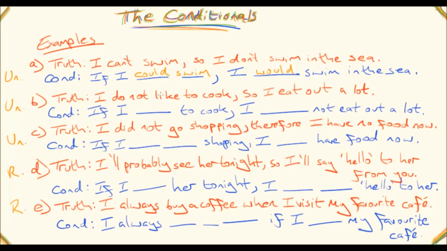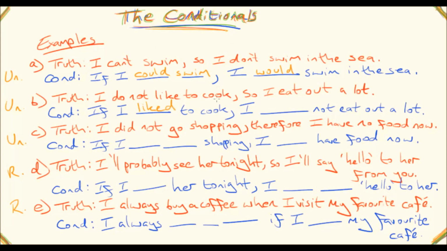The second one, I do not like to cook, so I eat out a lot. However, if I, now what tense is this? Do not like. So it's negative, present, simple. So we'll just make it positive, past simple. That's what it backshifts to. If I liked, you could also say did like, but we'll keep things simple.